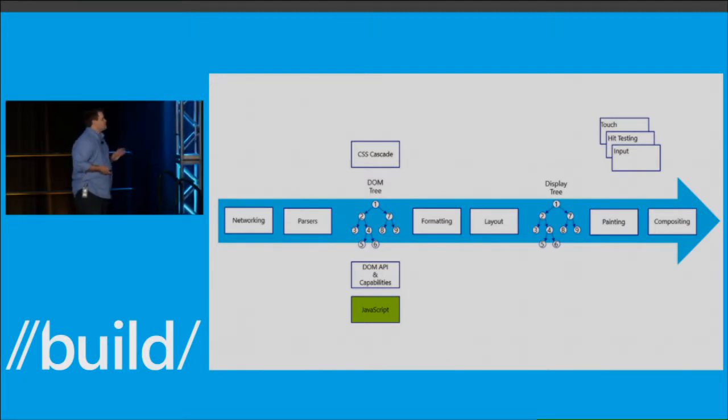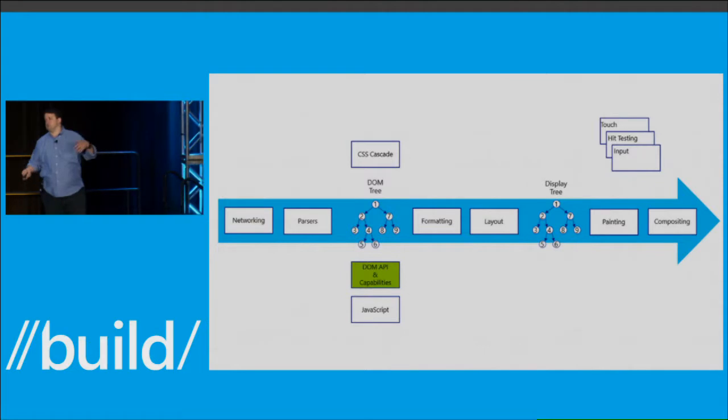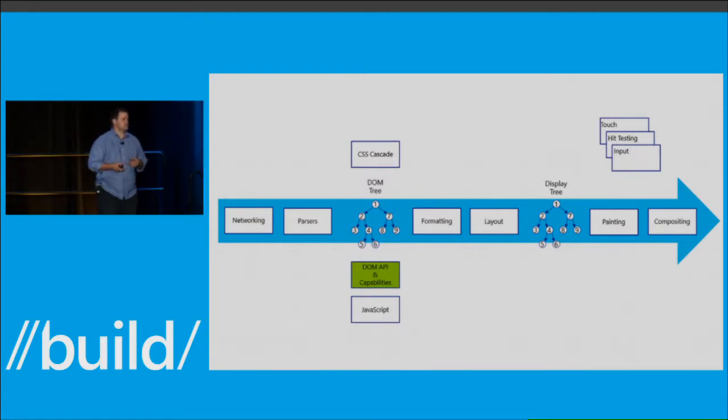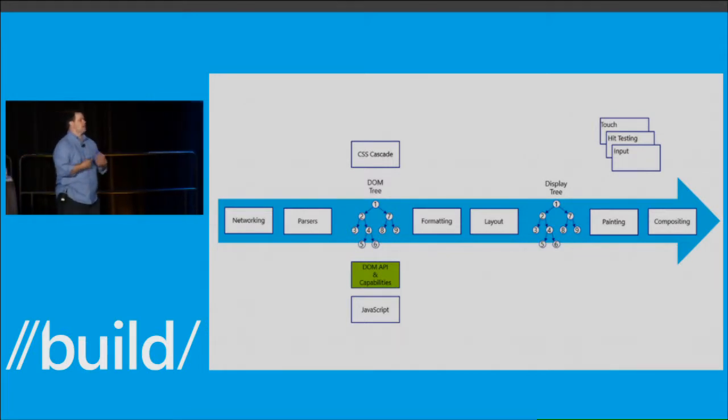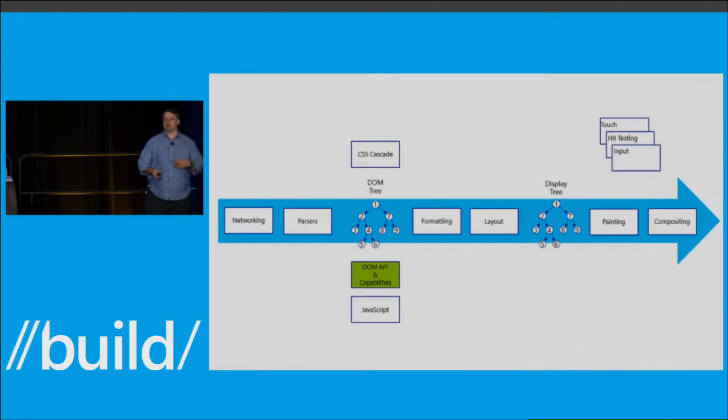We can get out of the JavaScript sandbox by first using DOM APIs. These are things like getElementById, appendChild. These are all the things that we use to program our page for animations or even just to load content dynamically. The second way is by issuing requests back off to the networking layer through XHR.